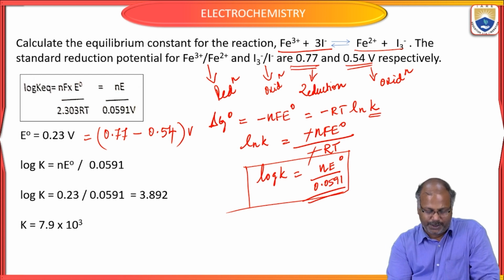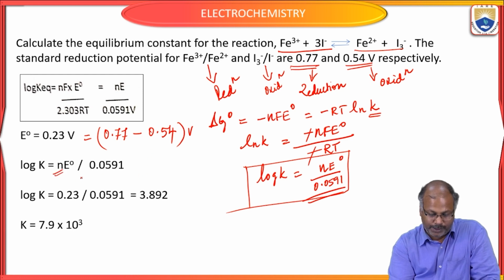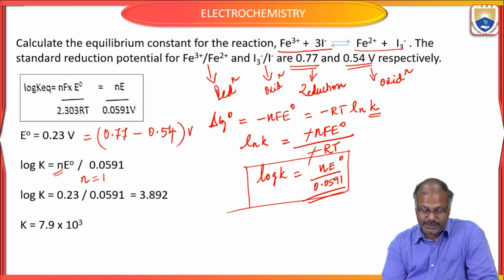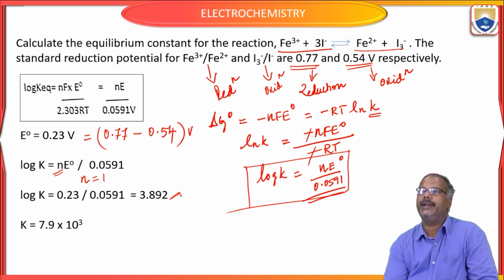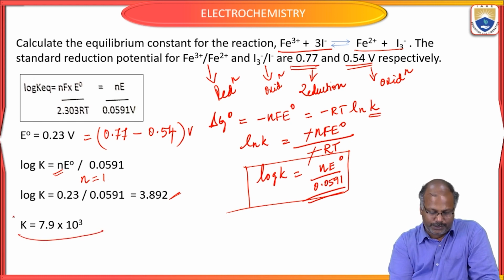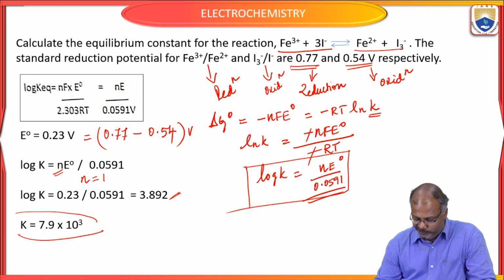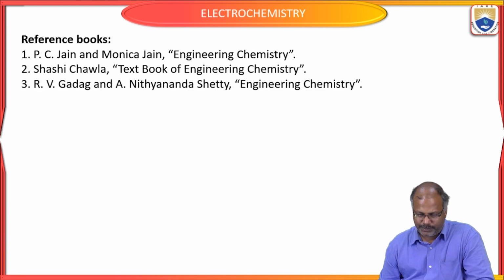Using this formula, n is equal to 1, because 1 electron is involved. So log K is equal to, substituting E naught, 3.892. K is equal to 7.9 into 10 power 3. Okay, next.